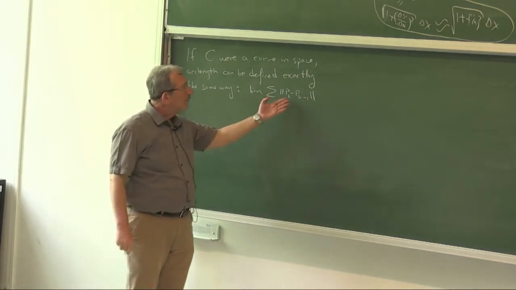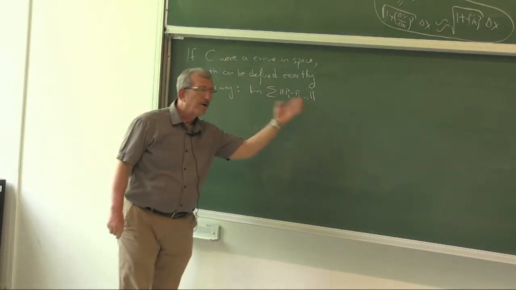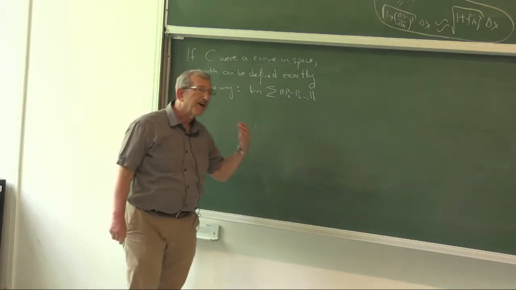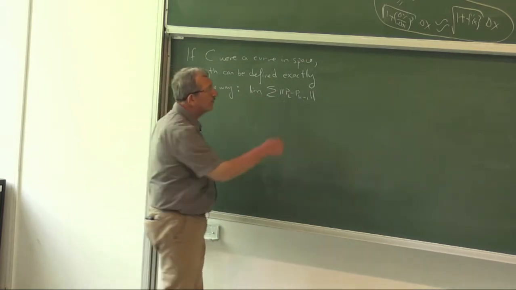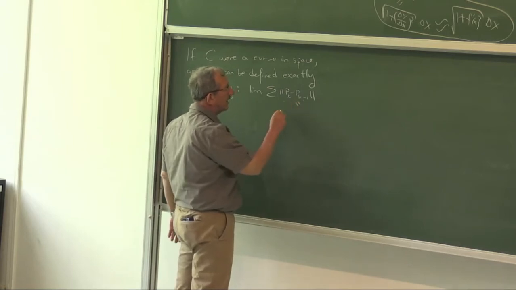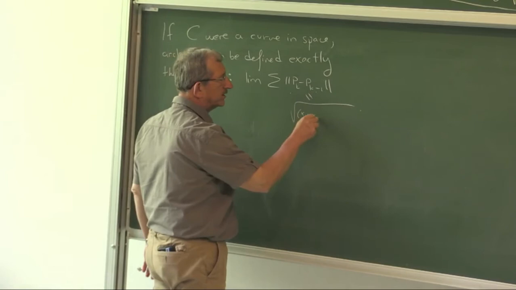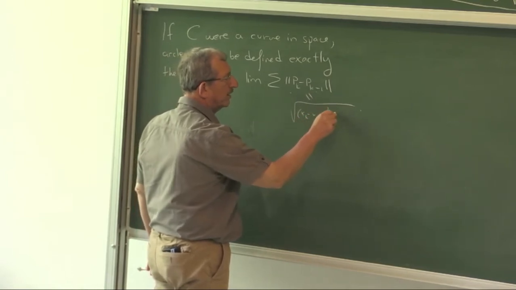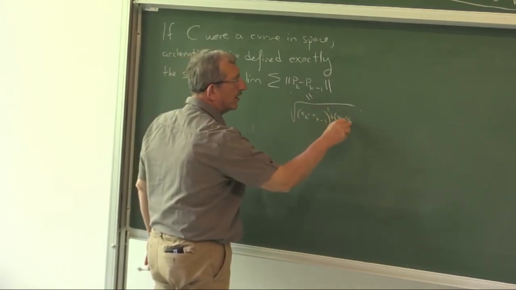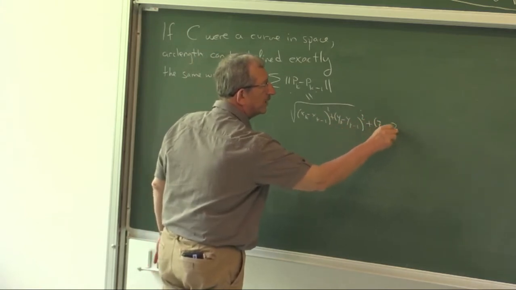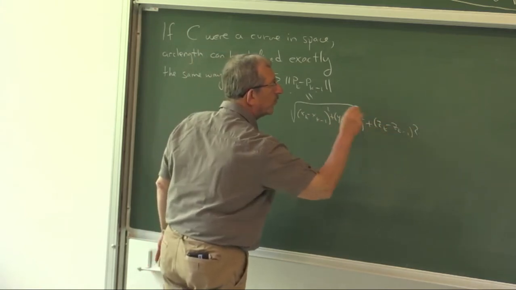Well, of course, when we open up the length of a vector difference in space, we would obtain three terms. Namely, this would look like the square root of (x_k minus x_{k-1}) squared, (y_k minus y_{k-1}) squared, and (z_k minus z_{k-1}) squared.